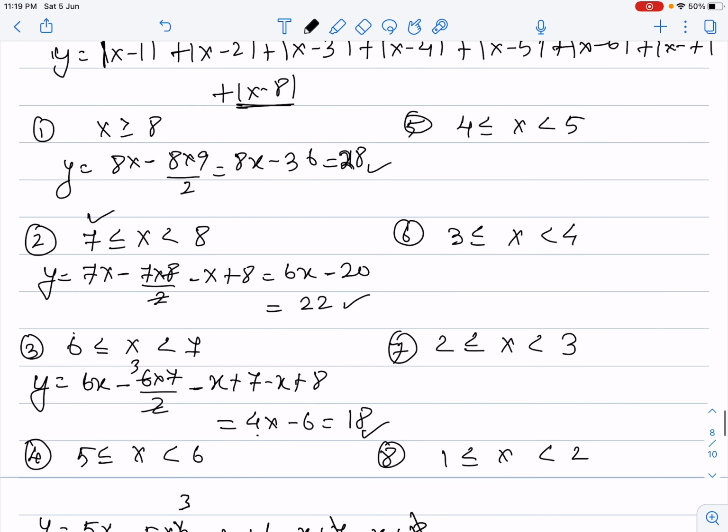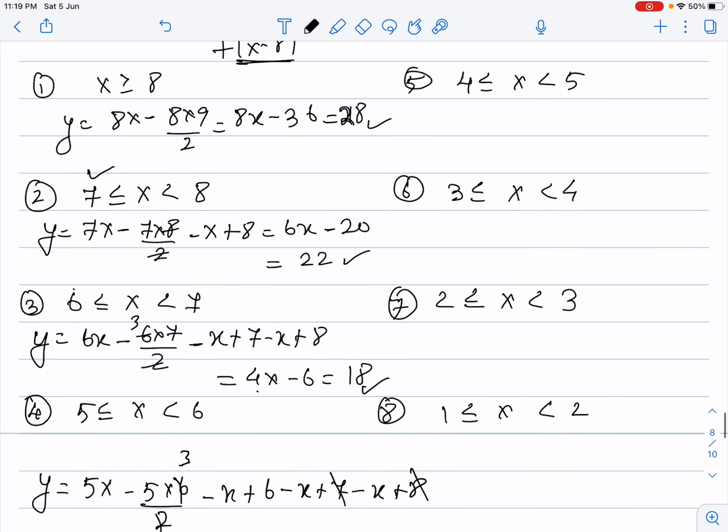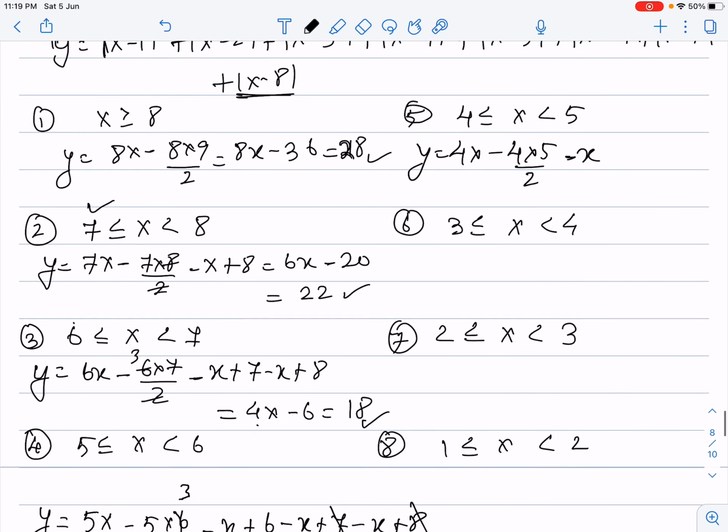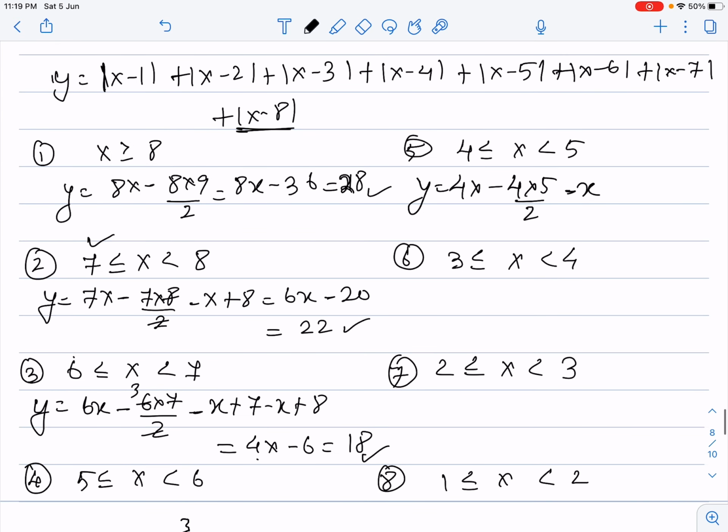Now for the next case also we are going to get 16 only as the answer. So now we will be getting 4x. Y is equal to 4x minus 4 into 5 by 2, and then we will write minus x plus 5, minus x plus 6, minus x plus 7, minus x plus 8.